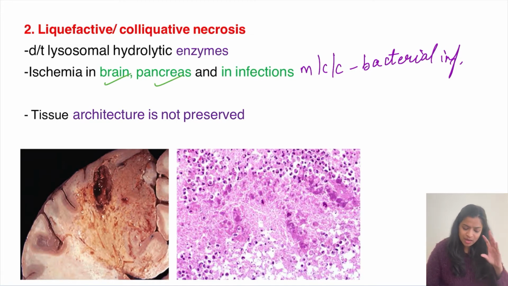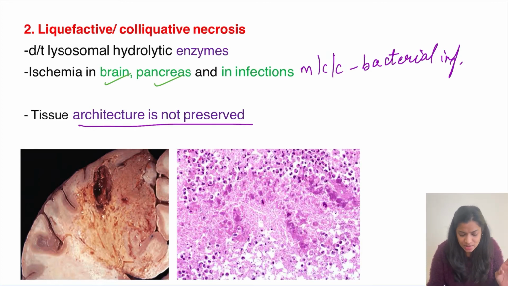That is why in infections you always have liquefactive necrosis. Whenever the organ is becoming like a liquid, there is no question of it maintaining its architecture. So the tissue architecture is not preserved in liquefactive necrosis, while in coagulative necrosis the tissue architecture was always preserved.